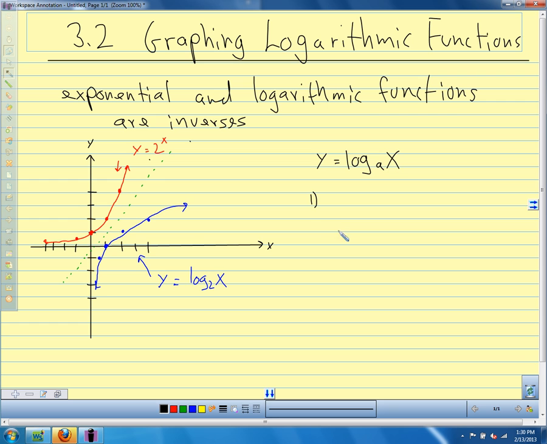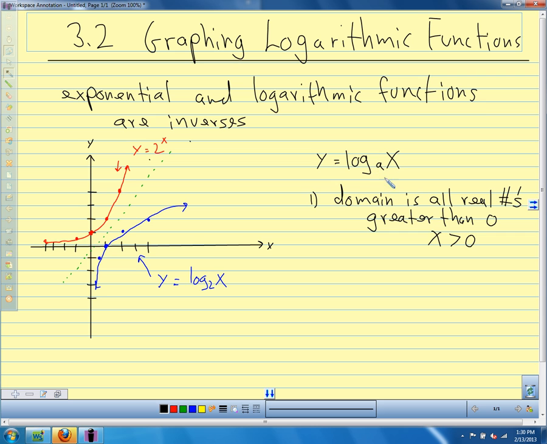So our domain is all real numbers greater than 0. So we're saying x has to be greater than 0.